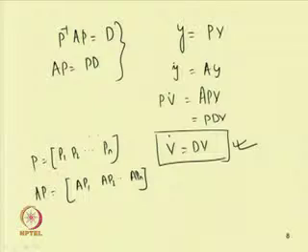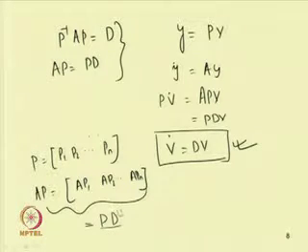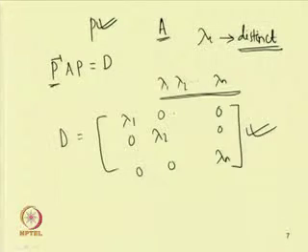We have already shown that A P equals P D, where D is the diagonal matrix lambda 1, 0, lambda 2, and so on. The diagonal terms contain all the eigenvalues.